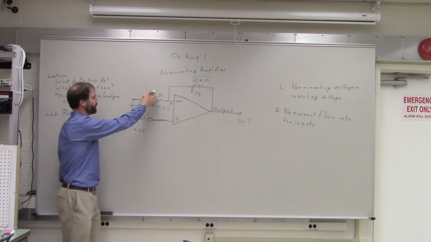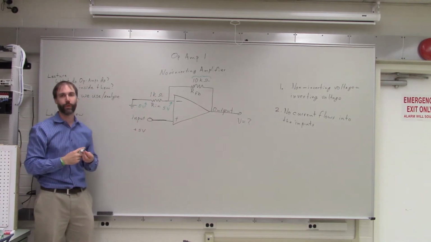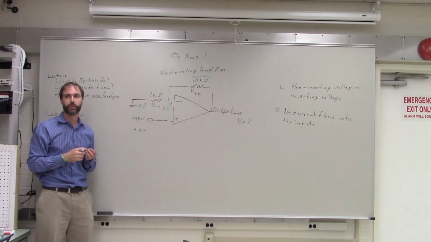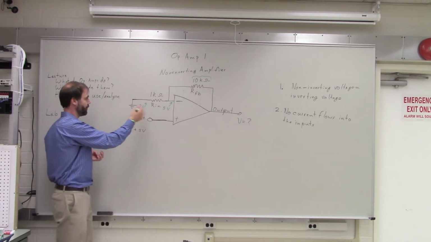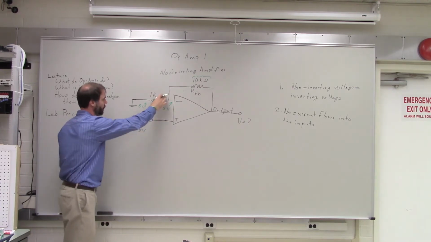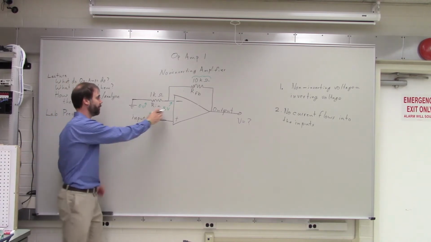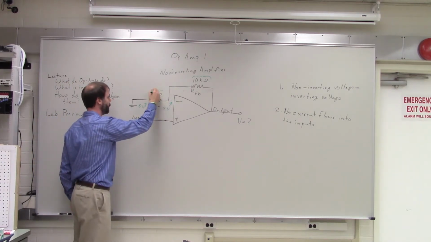And we know that resistor is 1 kilo ohm, so can we figure out how much current is flowing through it? Yeah, 5 milliamps, right? If you have a certain voltage across a 1 kilo ohm resistor, then the current is just that many milliamps, right? So we have 5 volts, so we have 5 milliamps.